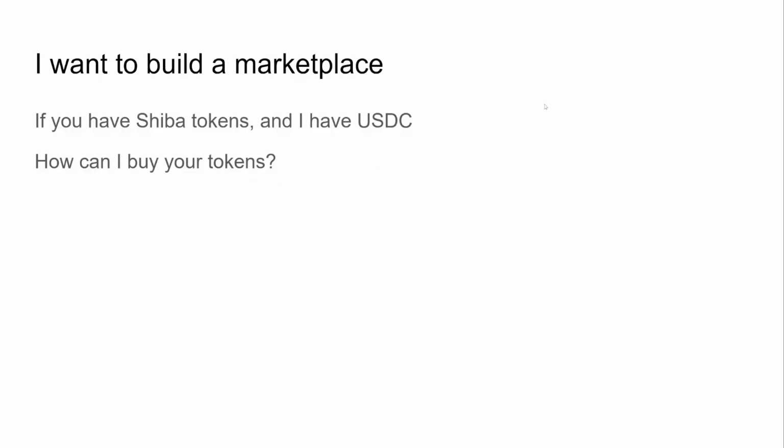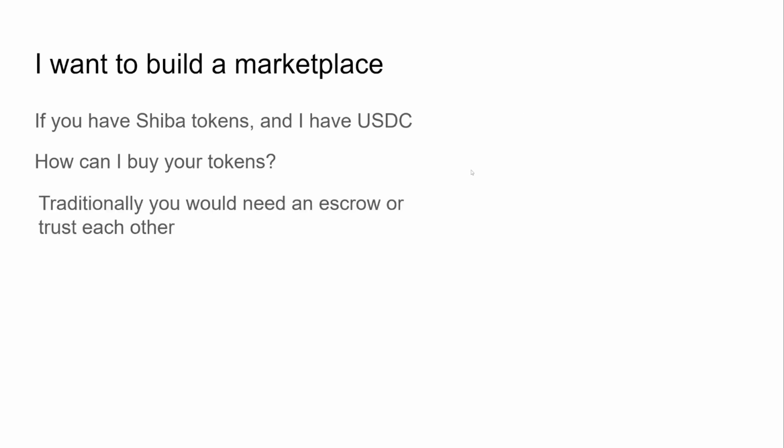So let's say we want to build a marketplace where you have Shiba tokens and I have USDC, and I want to purchase your tokens. But the problem is, what if how you made your Shiba token looks different than how I made my USDC token? Traditionally, you need an escrow to trust each other. But if we can use smart contracts, that'd be better because then we don't have to trust either person.